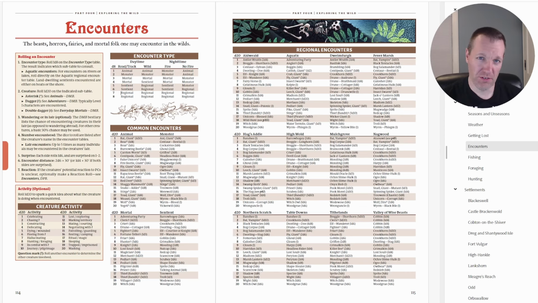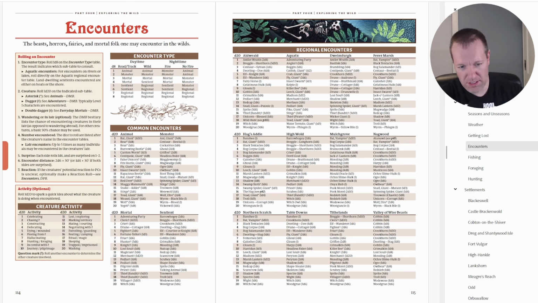Now from here, because we have the encounter, we can make a lot of extra rolls to really give us the information that we need to run the encounter. I like the idea of having some sort of activity or context for what is happening with the encounter. In this case, Dolmenwood gives us a creature activity table in the bottom left of this spread here. So let's go ahead and roll on that to see what we get.